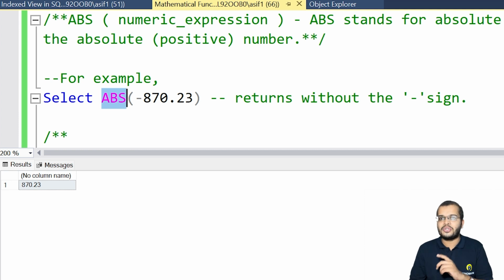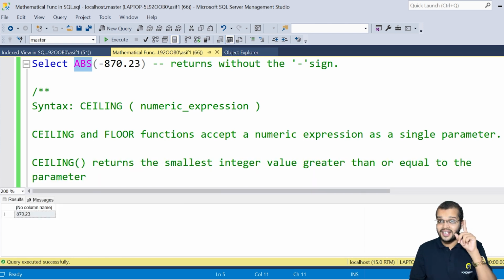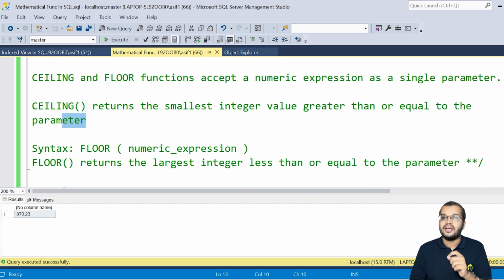All right. Now let's look into the next mathematical function, which is ceiling, which means on the top, higher, greater. We have to keep that in mind when writing it. The syntax is that we write ceiling, then give the numerical expression. Ceiling will return the smallest integer value greater than or equal to the parameter. Another mathematical function we have in SQL Server is floor.